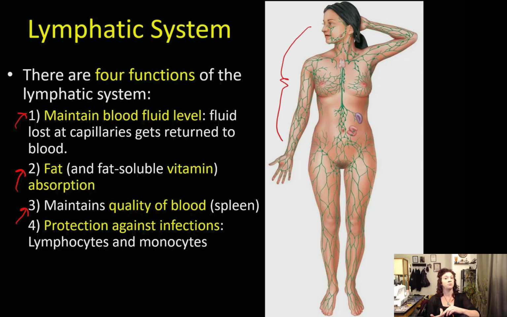It also promotes the purification of red blood cells so that old red blood cells get pulled out and replaced by new ones. Also, here's that immune system connection. The lymphatic system helps to protect you against infections. Lymphocytes and monocytes are both strongly affiliated with this system.